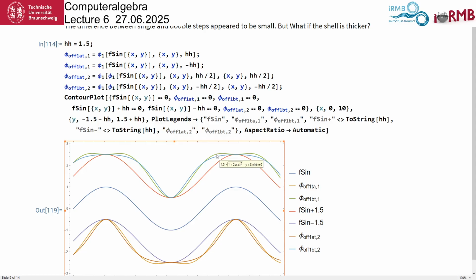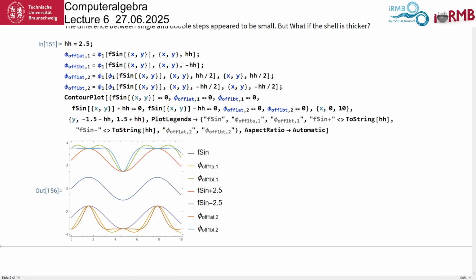What we observe is there is some bulging out. We have Mathematica, so why don't I do it even more ugly? So 2.5. It surprises me, but anyway.